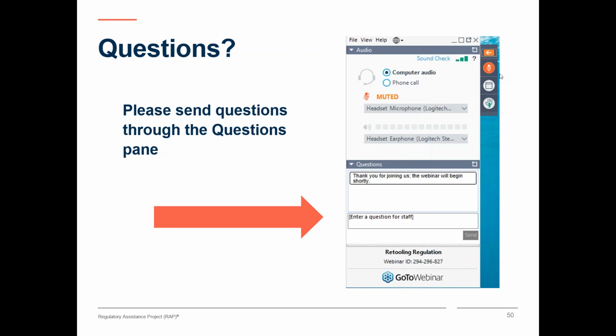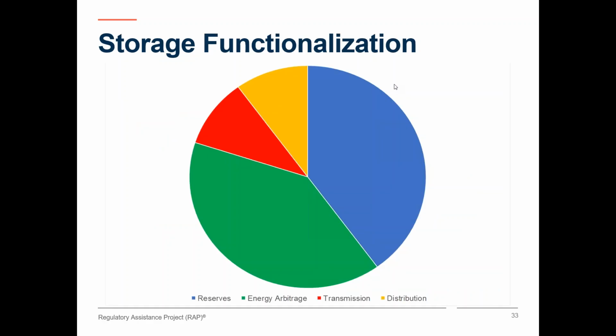It's important. How would storage as a transmission asset be treated? Well, I have a slide that shows that storage needs to be functionalized between all of the benefits that it provides in generation, transmission, distribution, and reserves.